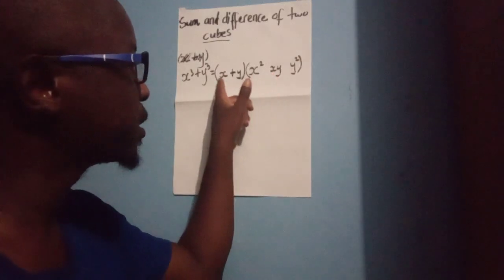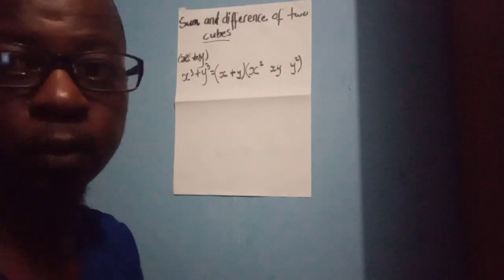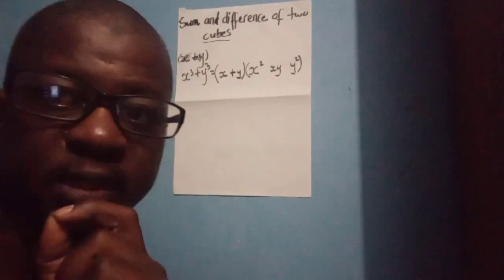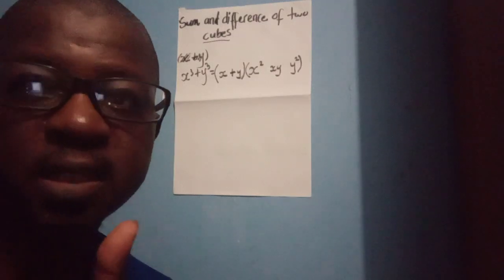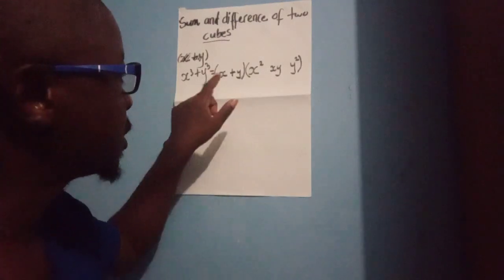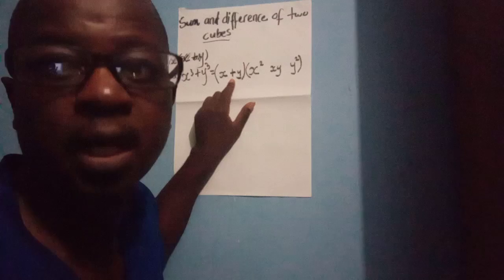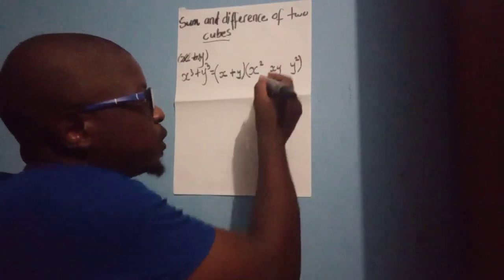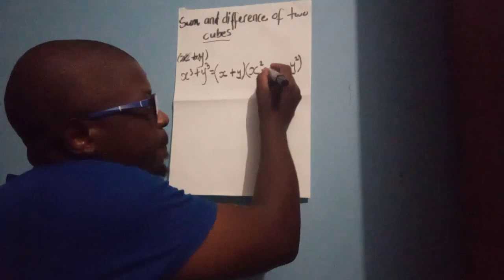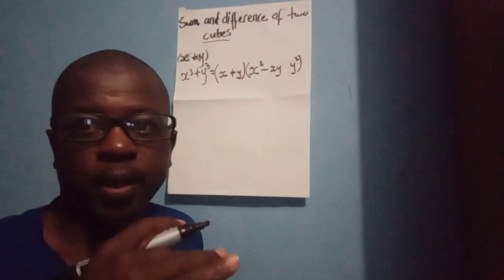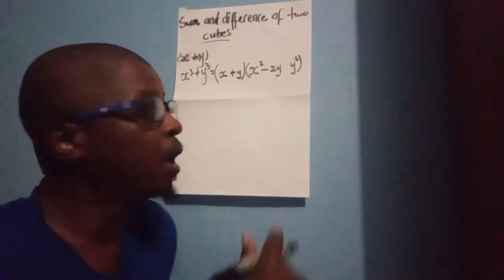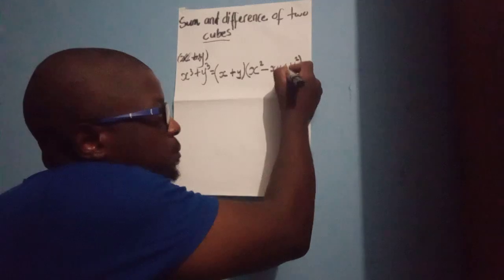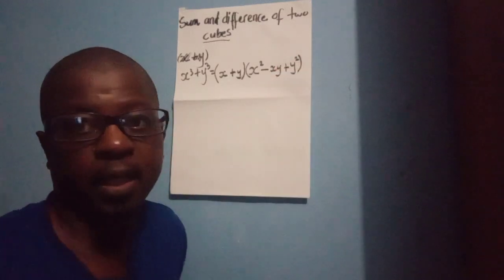Now we also need to take note of something very important: sign change. Since we have a positive here, our sign is going to change to a negative. So I'm going to put a negative here. That's the only place where the sign is going to change, and then we have a plus here.